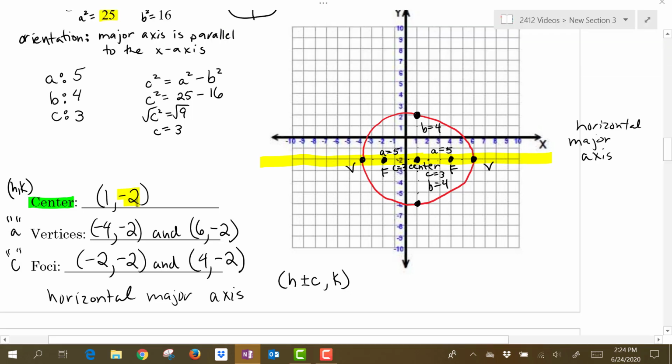So if you look at the y value of the center and the vertices and the foci, the y value stayed the same. And that's because they all fell along the same horizontal line, and all of those points were plotted at the same y level. The only thing that was changing is how we moved from the center to the right or to the left. And when you move to the right or to the left, the x value is what changes. So you'll notice that all of those points have different x values. So all of those points have the k value of the center.